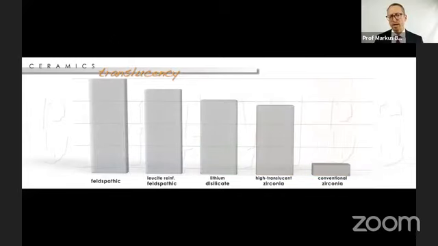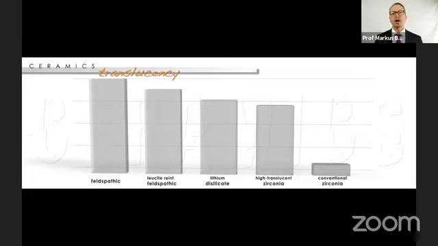Another very important property when you talk about aesthetics is translucency, and translucency goes in the opposite direction. That's why we like feldspathic ceramics, because they have very high translucency, versus the higher strength materials which, because of their structure, may not have as much translucency.